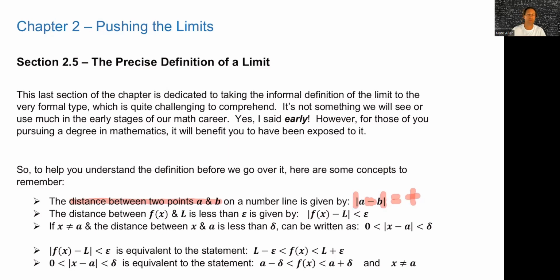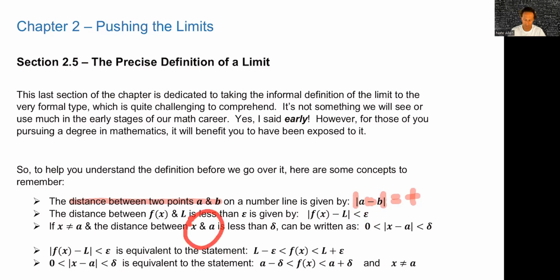So we can do that with any two things, not just some random point A and B. So what if we wanted to know the y value and another y value we'll call L? If we found the distance between those, and we said that it's less than some number, this is the symbol epsilon, another Greek letter. And that's going to represent a really, really small number.